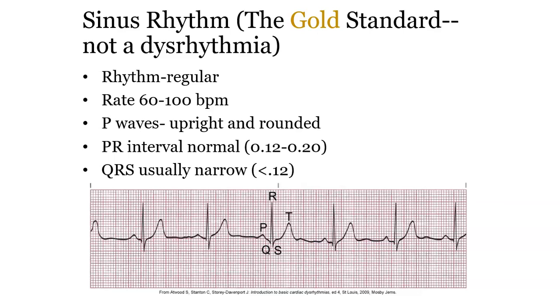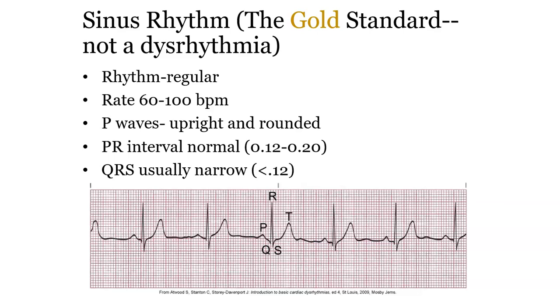When looking at the 5 characteristics of an EKG strip, a sinus rhythm is a regular rhythm. So we said that measuring R to R intervals are going to be equal. Our heart rate is regular. The rate of our heart rate is going to be 60 to 100 beats per minute.